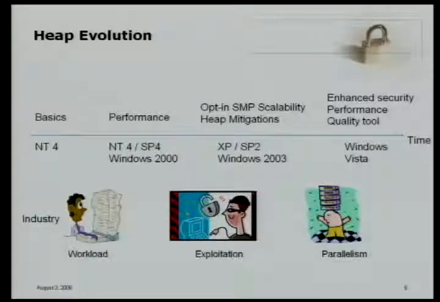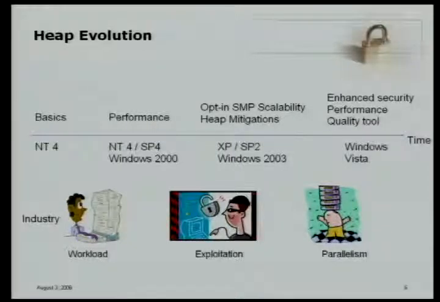And at the same time, in the security community, the heap exploits became more visible. And at that time in XP Service Pack 2 and Windows Server 2003, we had the first round of heap mitigations, where we tried to take away the low-hanging fruit that people would use to run arbitrary code on a machine.